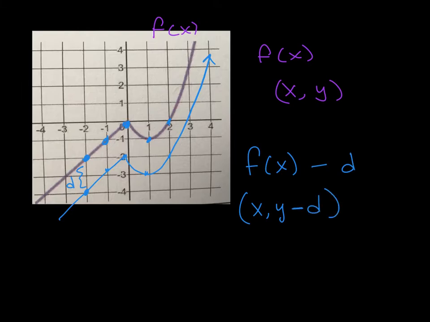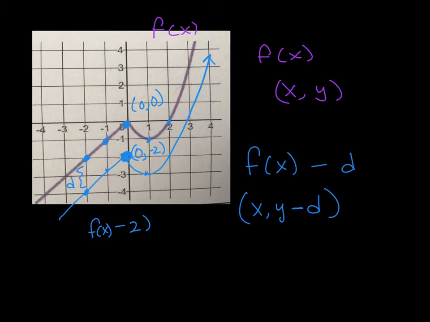If I look at this piece, again, this would be 0, 0. And in this case, when I drew this, that would be f of x minus 2. If you notice, this new point right there is going to be 0, negative 2. And that pattern stays the same for everything that we're doing.